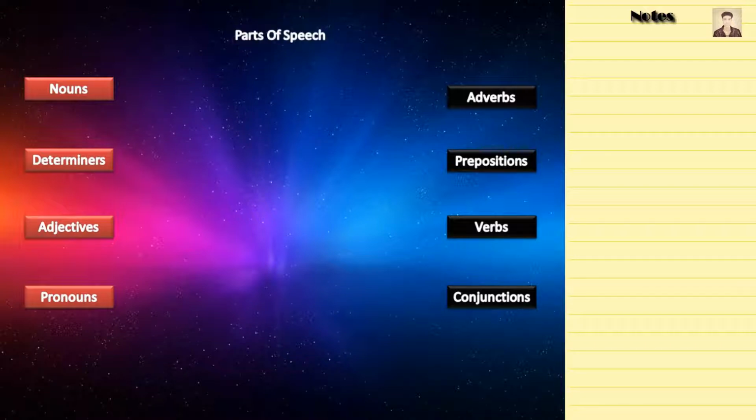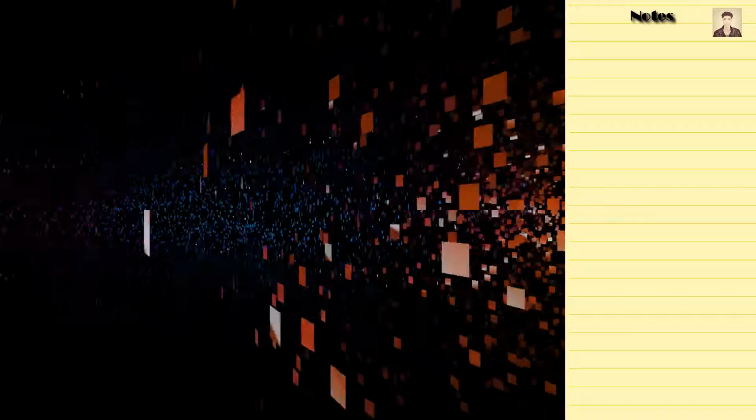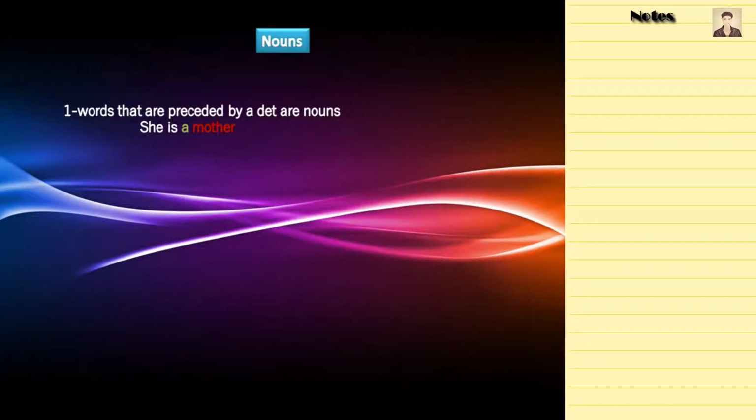Just one thing: if there is an element that is not a noun or a determiner or an adjective or a pronoun, adverb, preposition, or verb, well, it's gotta be a conjunction, as the professor told me. Another thing about conjunctions, they link two clauses together. That's all I know about conjunctions so far.